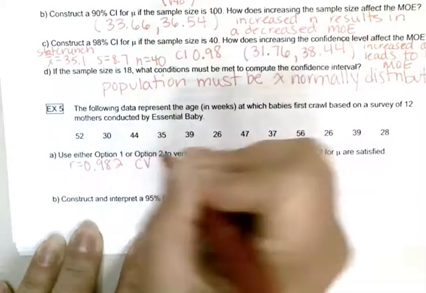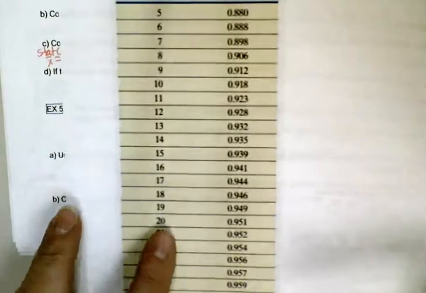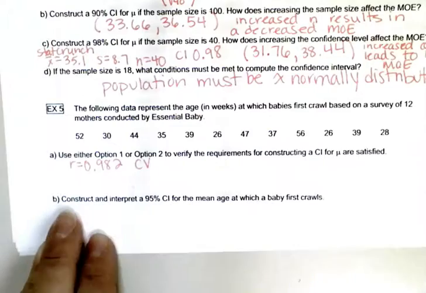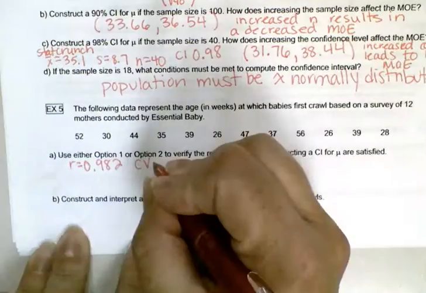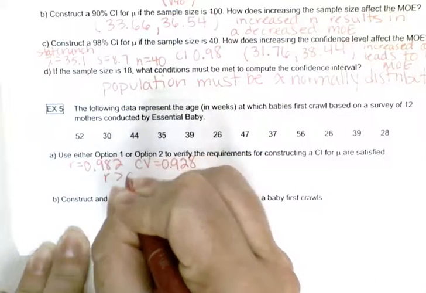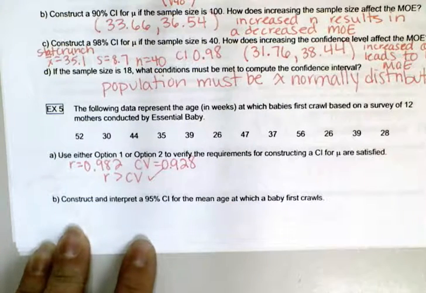And so the critical value, remember, comes from that table 6, which was on the back of your 7.3 notes. So for n equals 12, it's 0.928. So in this case, R is greater than the critical value. So far it's meeting the options.